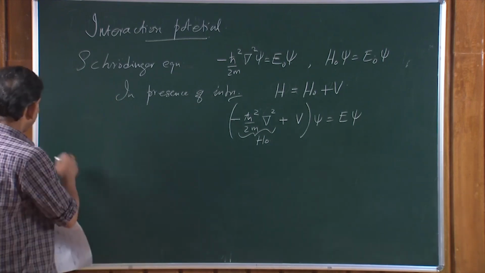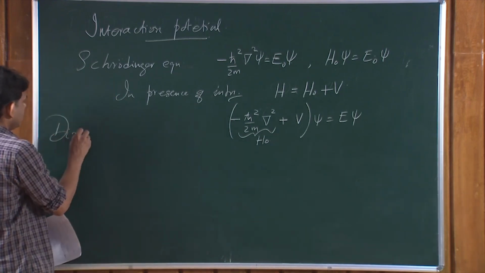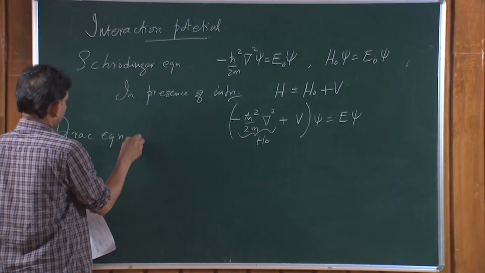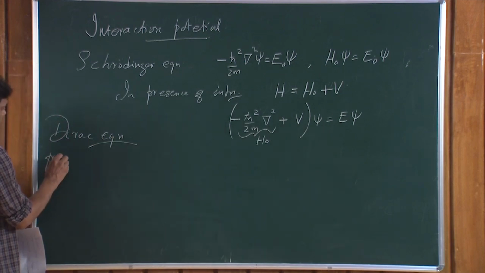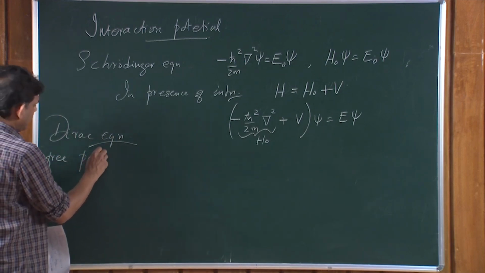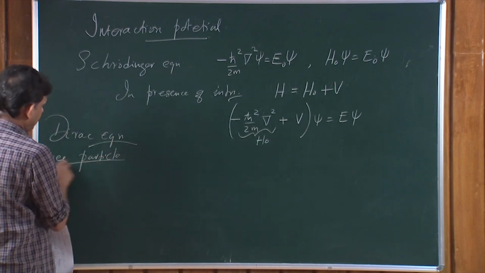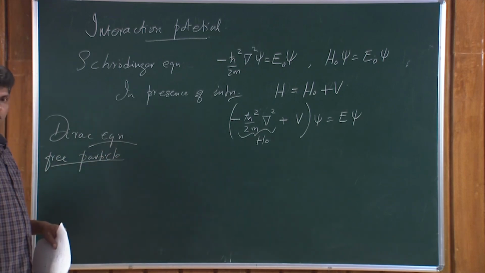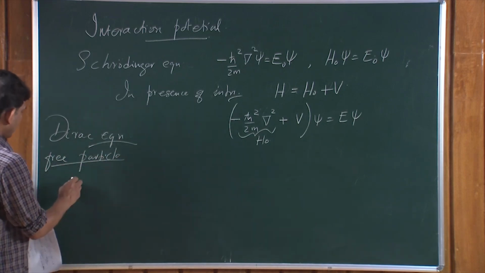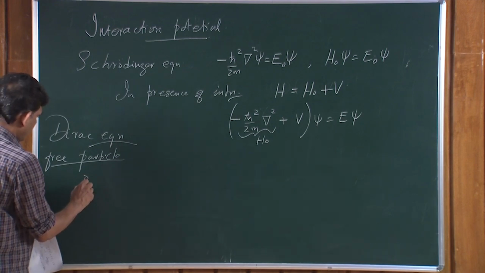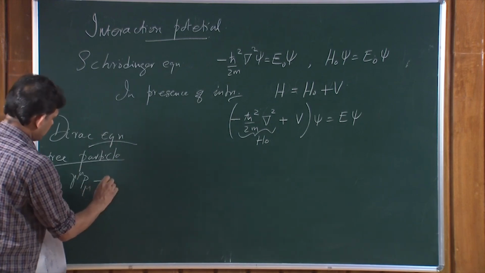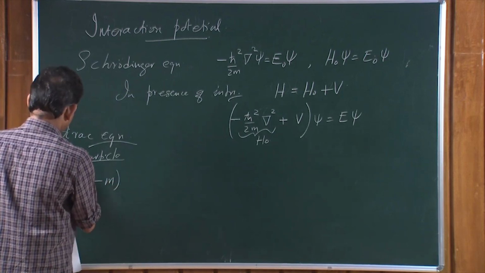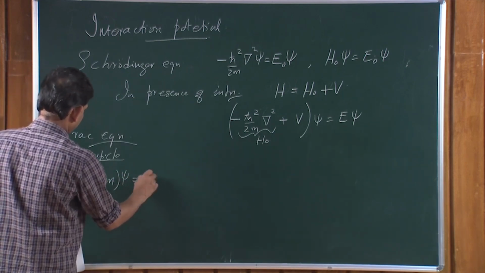So, let us see what happens in the case of the Dirac equation. For the free particle, I have p mu gamma mu minus m psi equal to 0.